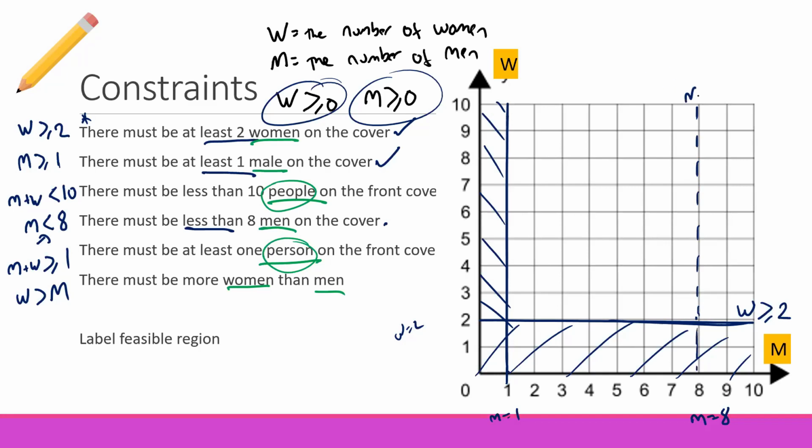So I'm going to say this is M is less than 8. That means all of this region is now ignored. Also, by the way, I forgot to do this: M is greater than or equal to 1.